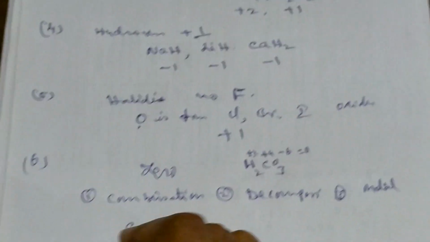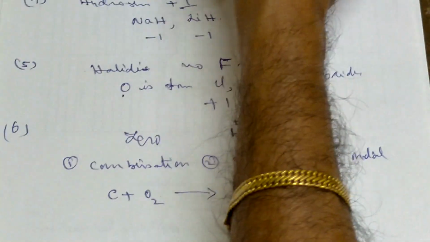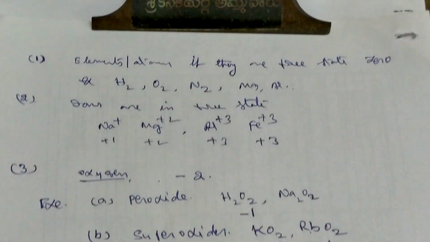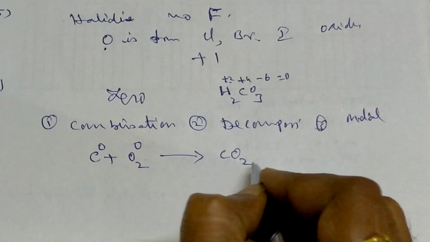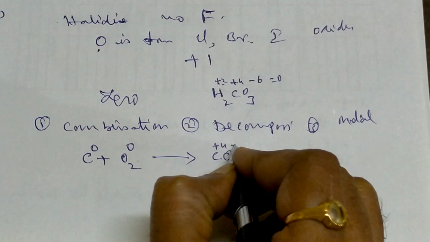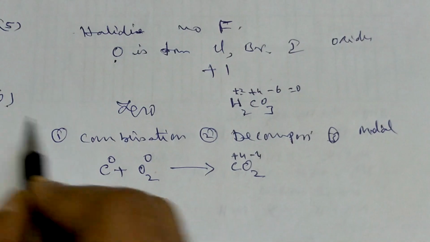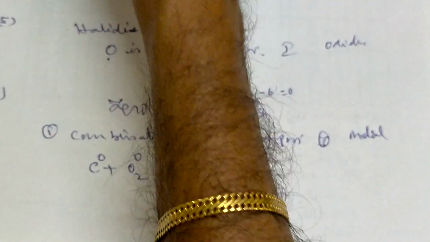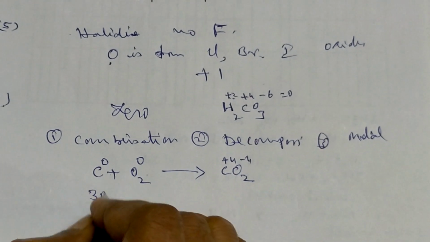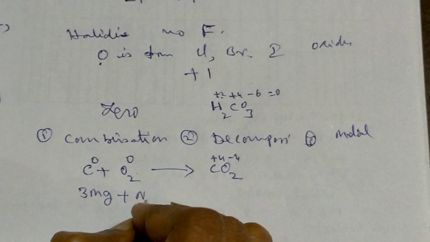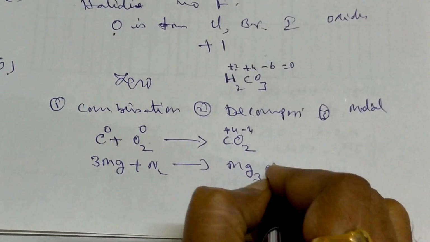Now in the addition reaction, C plus O2. What is the first rule for elements and atoms? It is 0. So carbon is 0, oxygen is 0, and the product is CO2. CO2 means +4 and here -4, because 2 times -2, total is 0. Rule number 6 is also valid, and rule number 1 is also in this same equation. One more example: 3 Mg plus nitrogen gives magnesium nitride, Mg3N2.